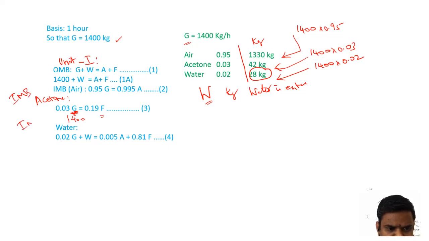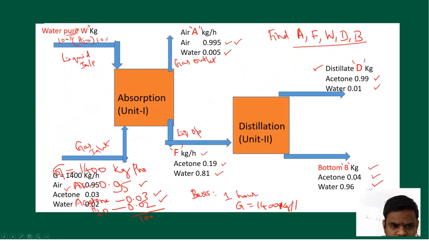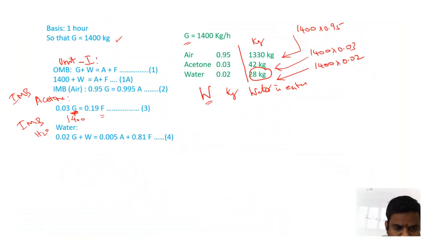Then if you write the individual material balance for water, the feed is containing 2% water, 3% acetone. So 2% of water, that is 0.02 into G, plus W, the total kg of water entering.